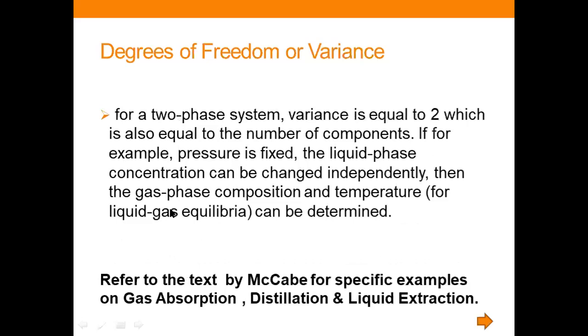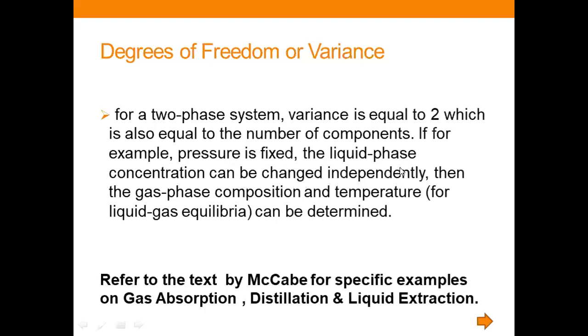Now, for a two-phase system, and that's our case, because we will not discuss multi-component systems anymore, the variance is always equal to 2, which is also equal to the number of components of your system. Most of the time, since it's a two-component system, you have two components. If, for example, the pressure is fixed, or the pressure is already given in the problem, the liquid phase concentration can be changed independently.